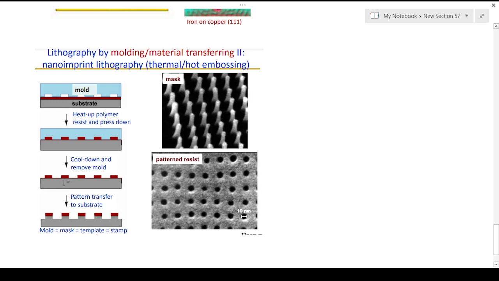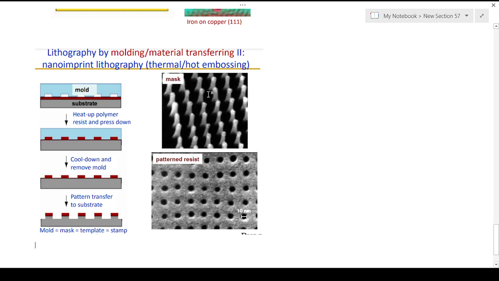If you want to proceed further, you can make this the substrate as well and take a dip of it. It depends upon the substrate thickness and so on.